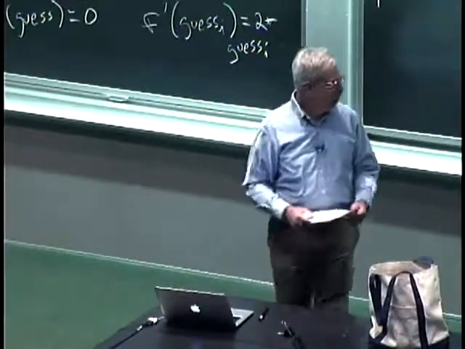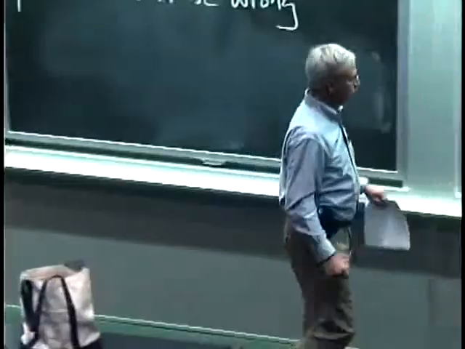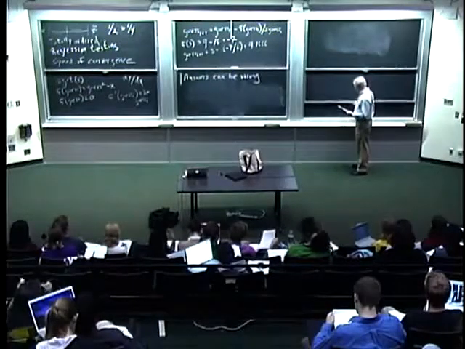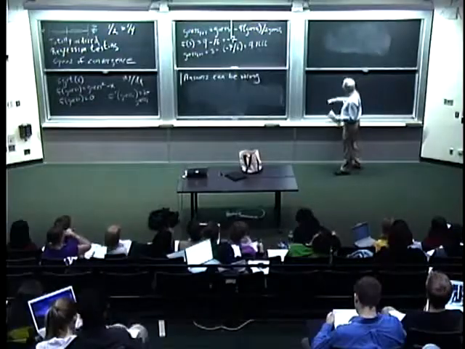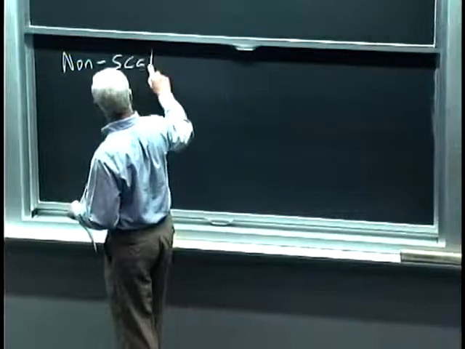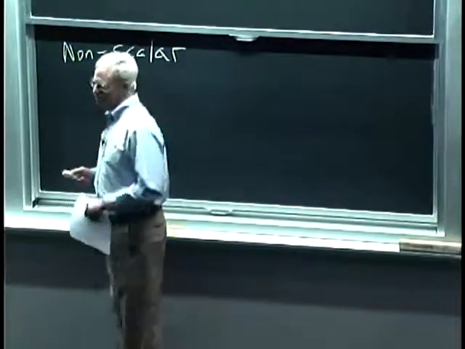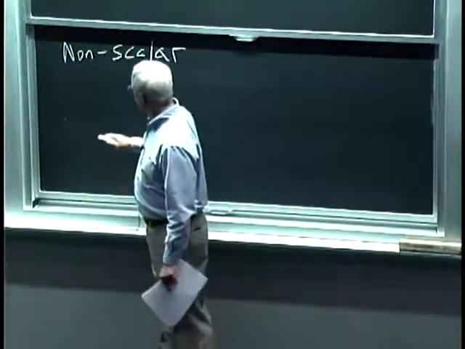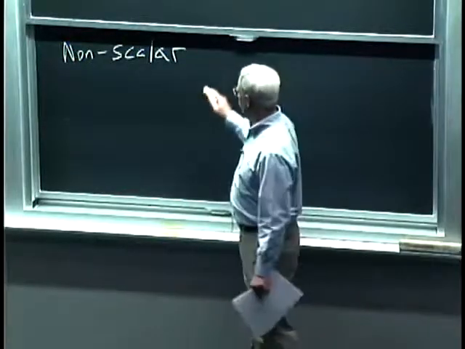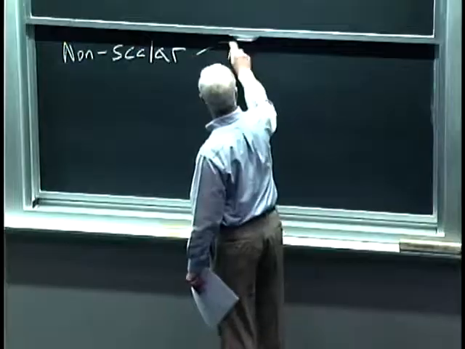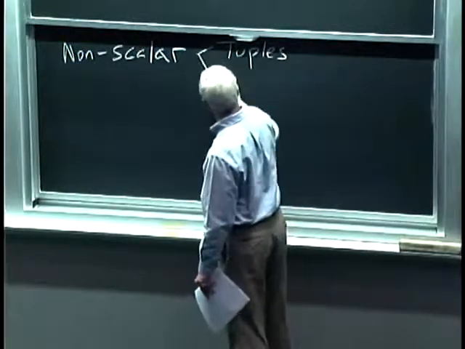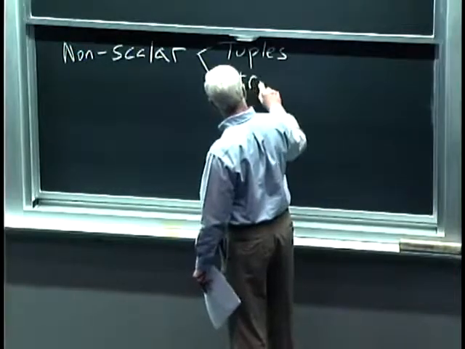All right. I want to return to some non-scalar types. So we've been looking the last couple of lectures at floating point numbers and integers. We've looked so far really at two non-scalar types, and those were tuples, written with parentheses, and strings.